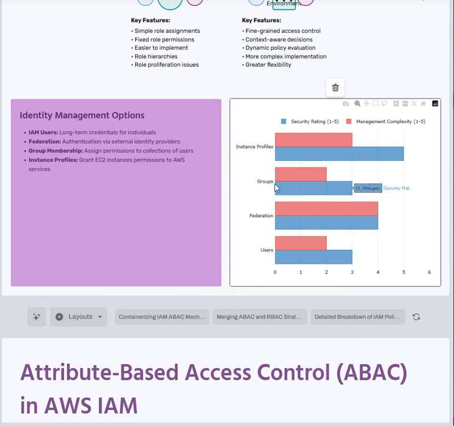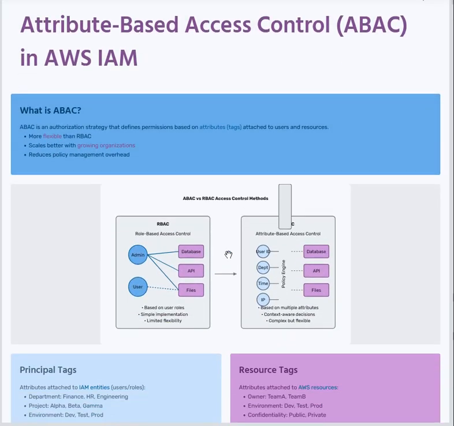And then groups are in the middle area. Federation is good on security rating, but management complexity is a bit high. This one is low, both of them a little bit low. Just getting an idea of how complex they are to implement.